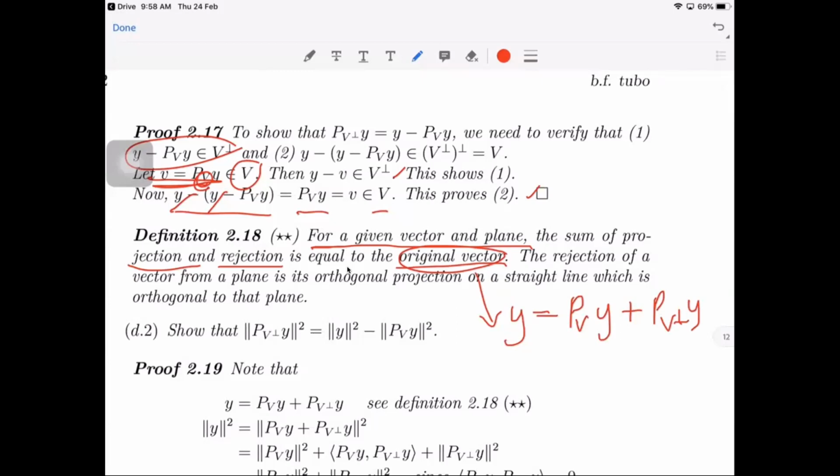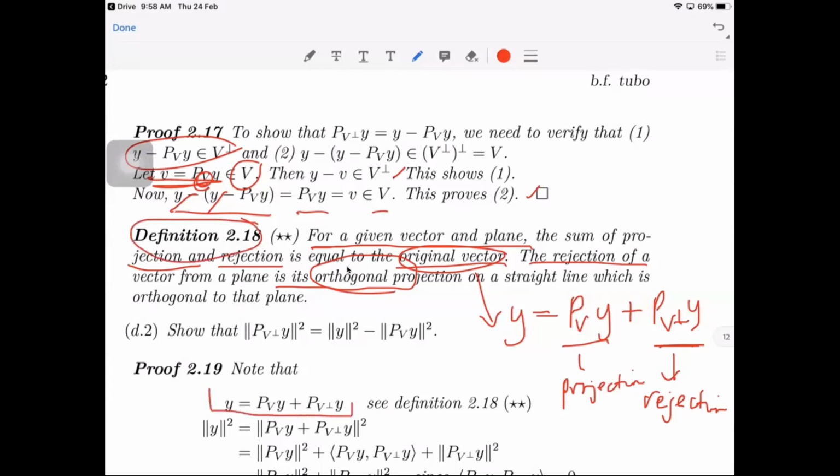The rejection of a vector from a plane is its orthogonal projection. So this is your rejection and this is your projection. The rejection of a vector from a plane is its orthogonal projection on a straight line which is orthogonal to that plane. So I've given this definition so that we can use that here in this proof, no?